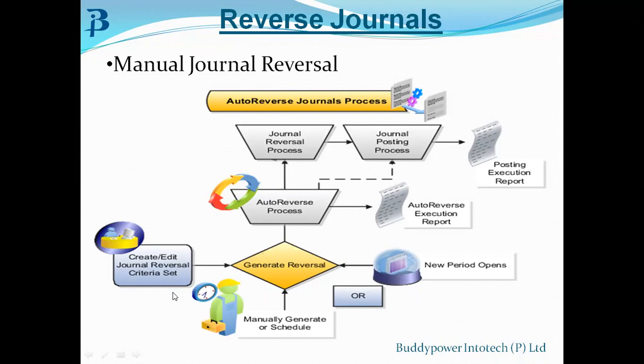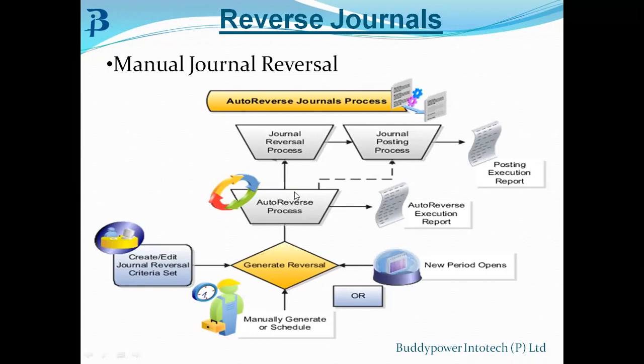You set your journal criteria set to automatically reverse and optionally post journals. Then after creating your journal reversal criteria set, you assign them to the ledgers. Your journal reversal criteria set can be shared and assigned to multiple ledgers. So that is an option here.